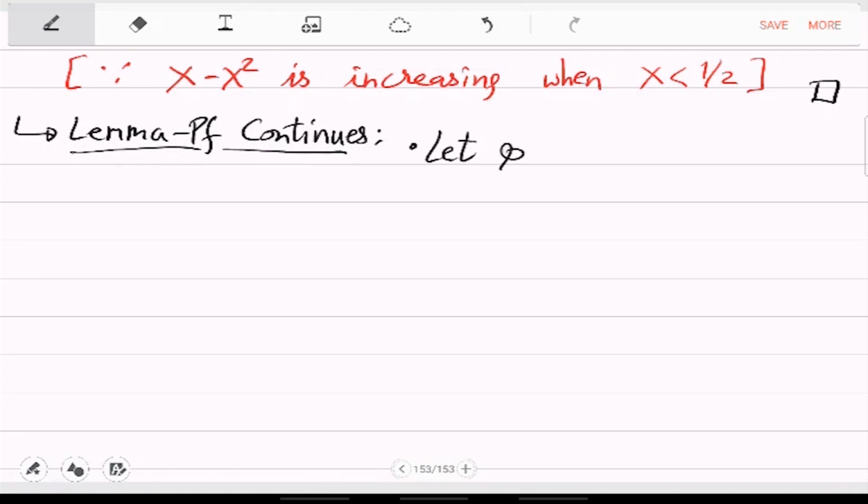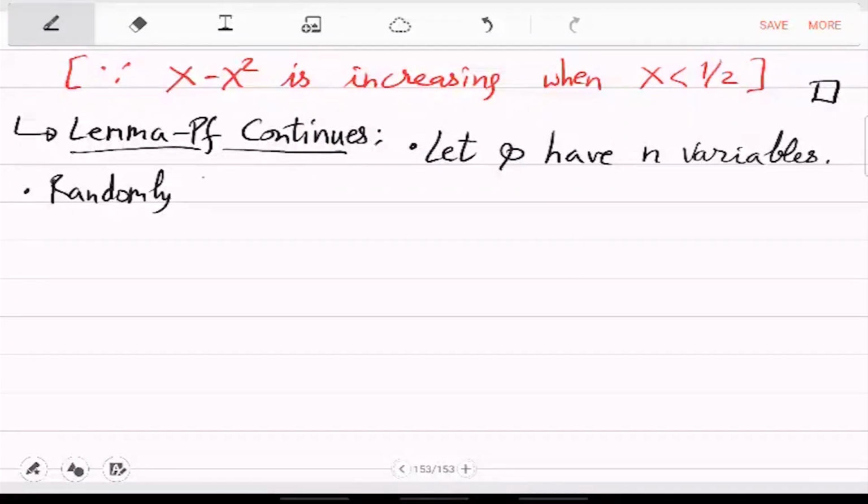So let phi have n variables. So randomly pick k between 2 to n plus 1. Why 2 to n plus 1?